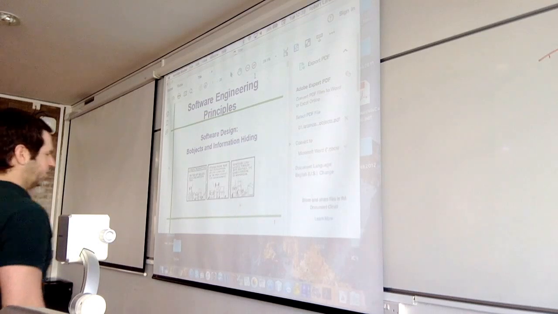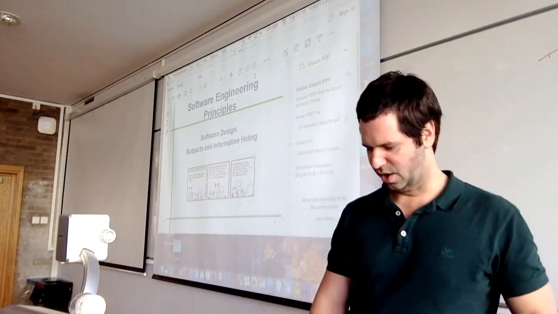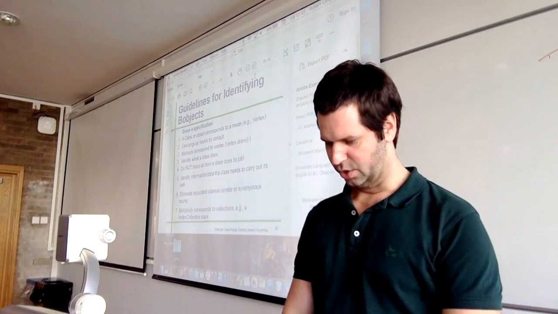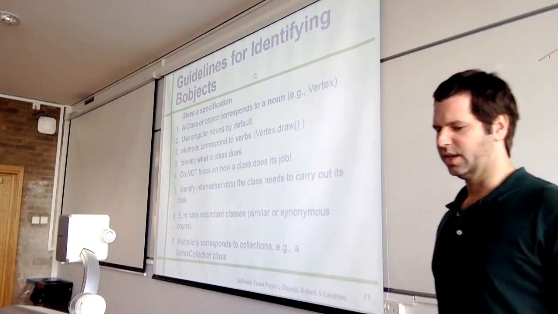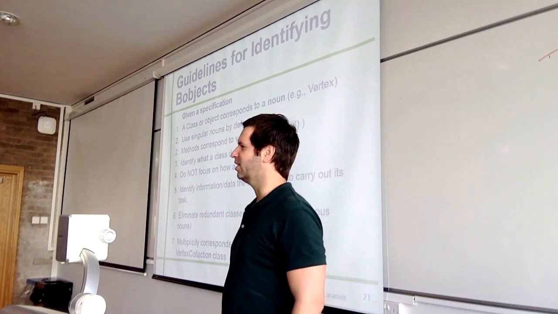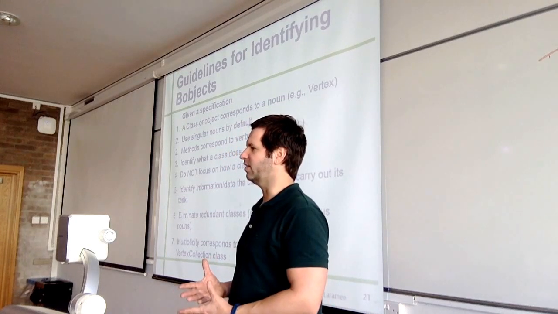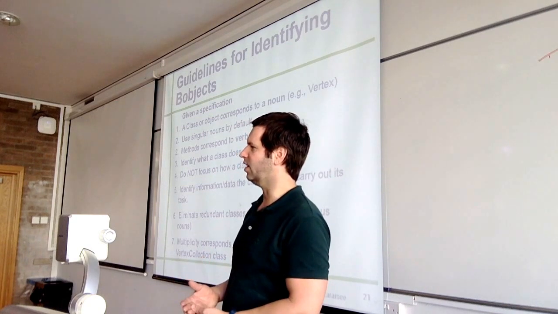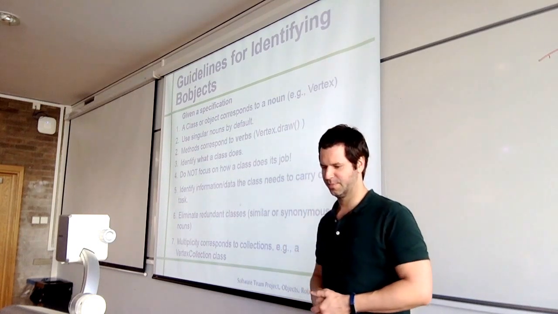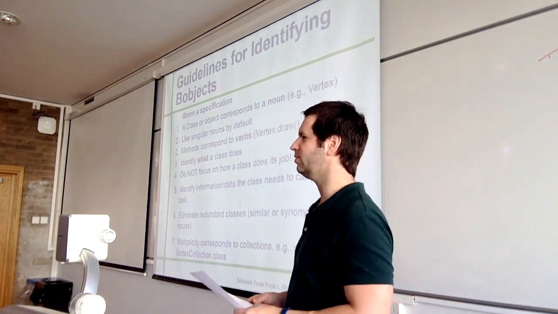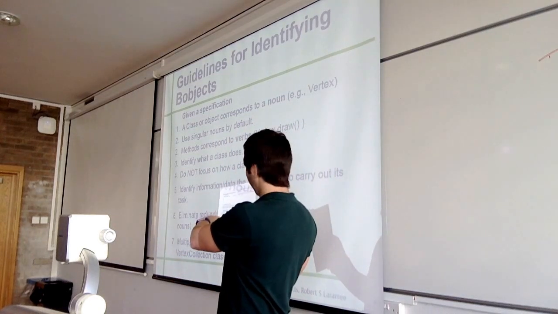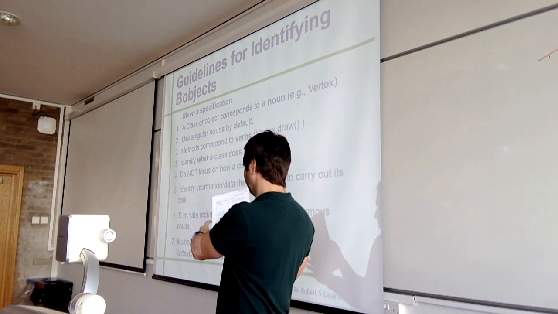In order to do this exercise, you have to remember how to identify objects, right? So you have to be able to go back and look at this slide, Guidelines for identifying objects. Basically, this exercise tests to see if you can understand these guidelines. The partial specification is given here, and it's only a few paragraphs.